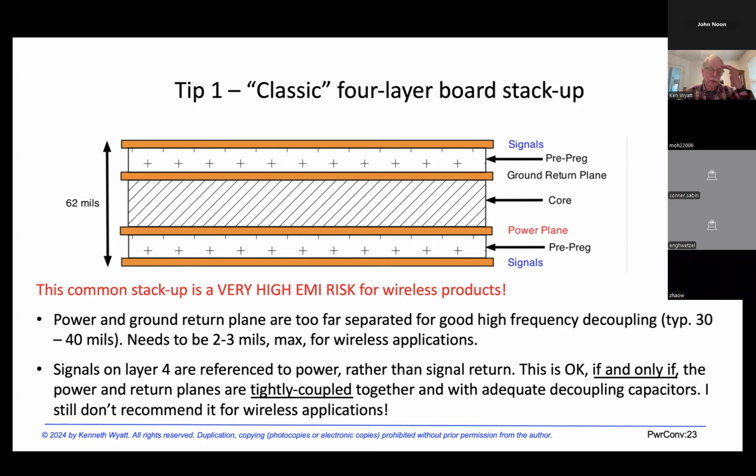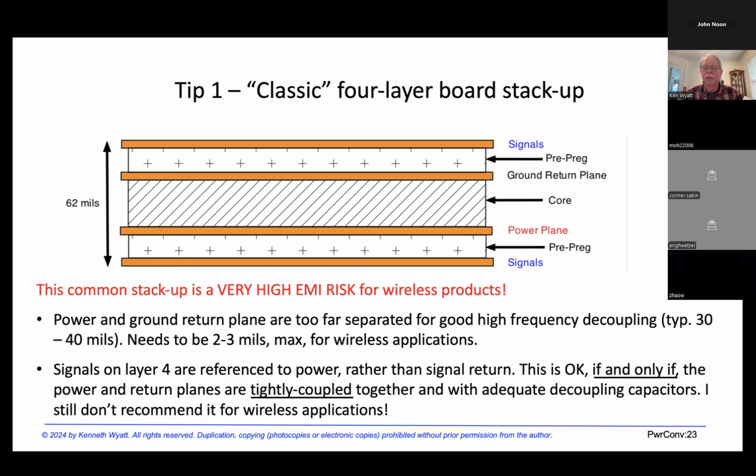And there's a couple problems with this. You can use this stack up successfully, but the risk is really high for EMI, and it depends on the clock speeds and so forth. For just simple circuits, this is probably adequate, but for dense designs, high performance, fast clocks, you're probably not going to meet EMC regulations with this stack up.